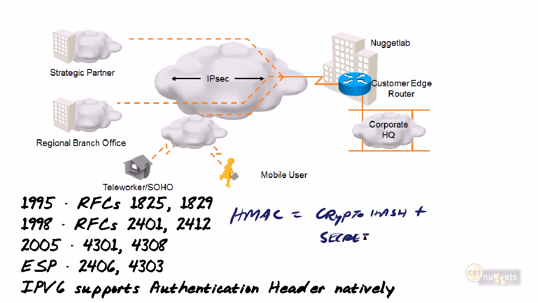The hashing gives us our integrity, and the secret key is shared between two peers. For example, the user at this teleworker office and this device here at the customer edge of Nugget Lab share a secret key. That's where we get our integrity and authenticity of the peers. We'll talk more about that.